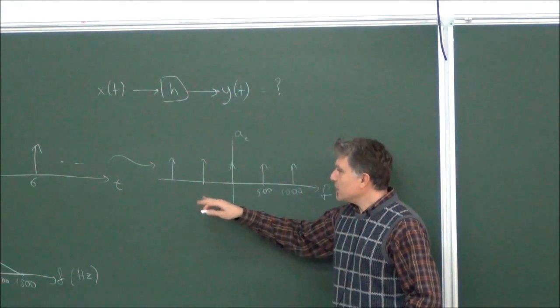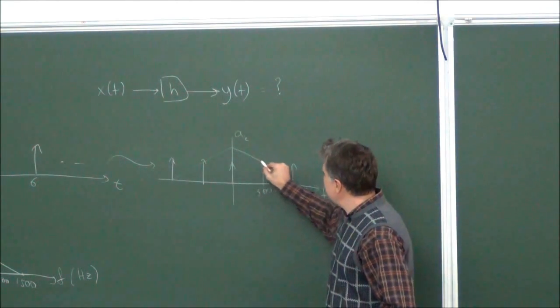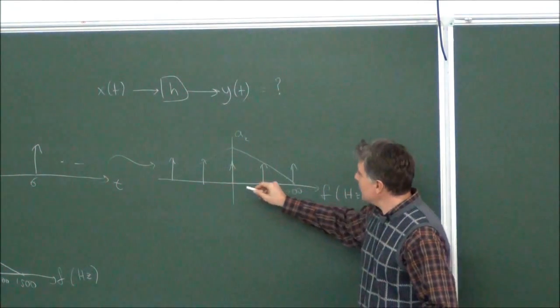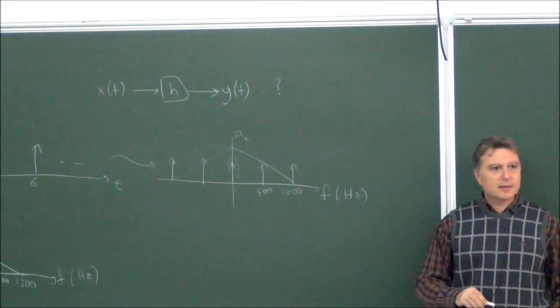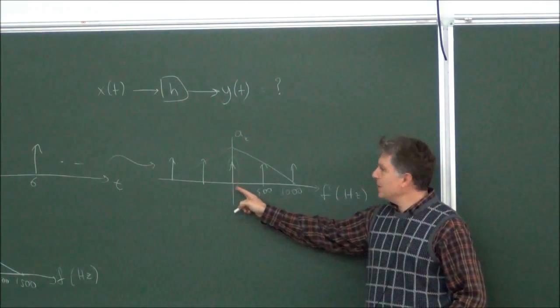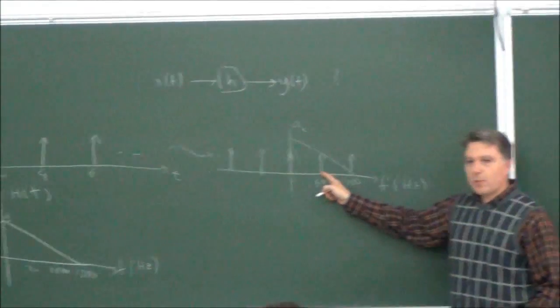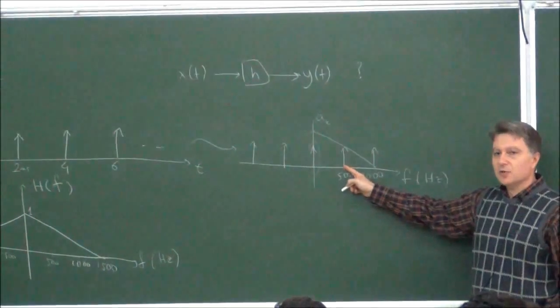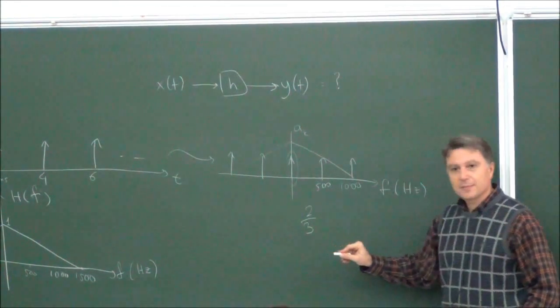And what you really have to do is apply the filter in a multiplicative form, and you will see that the fundamental, or the DC component, will pass with an amplification factor of 1. These two will also pass with an attenuation factor this time of 2 over 3.